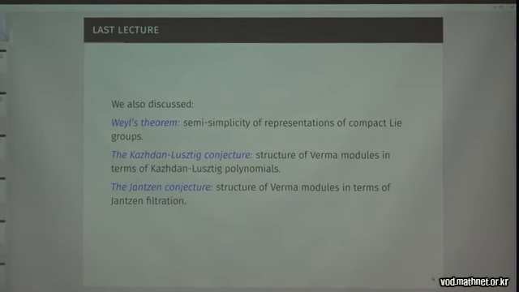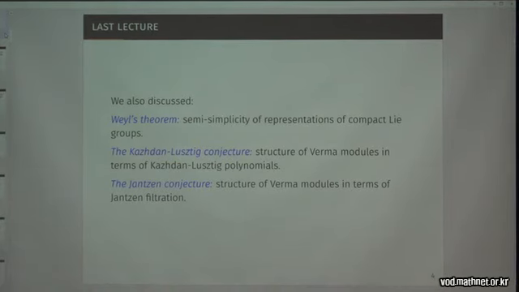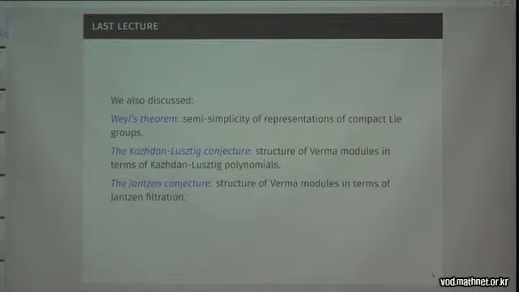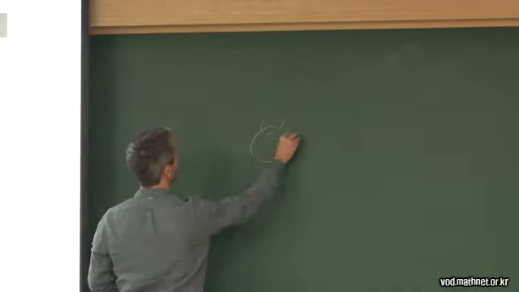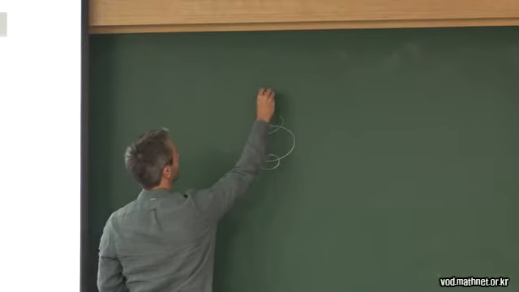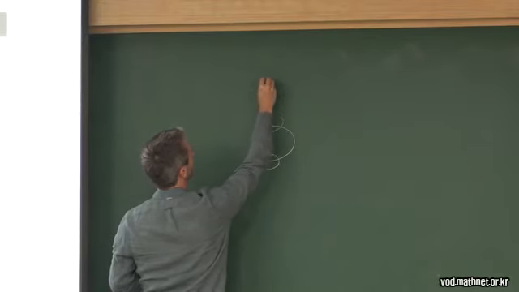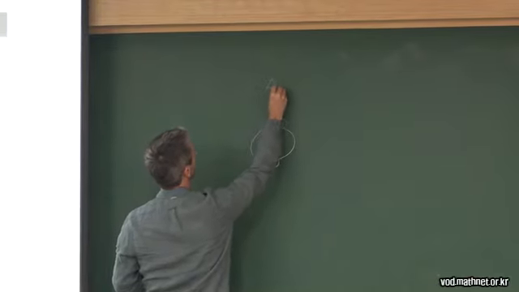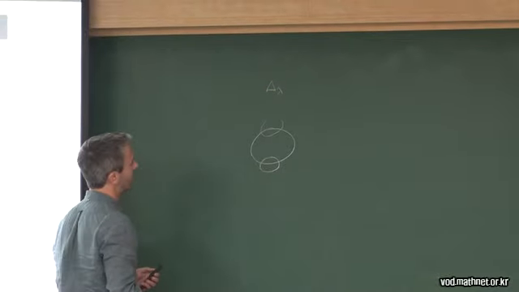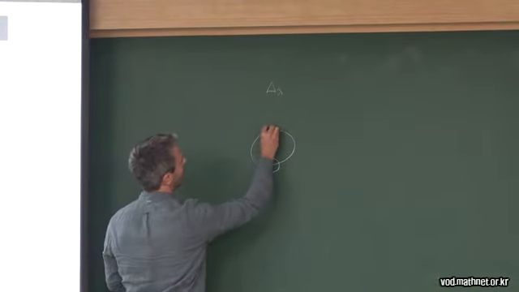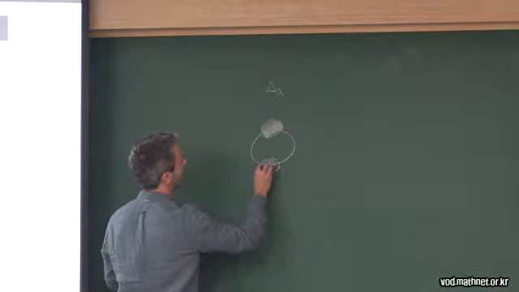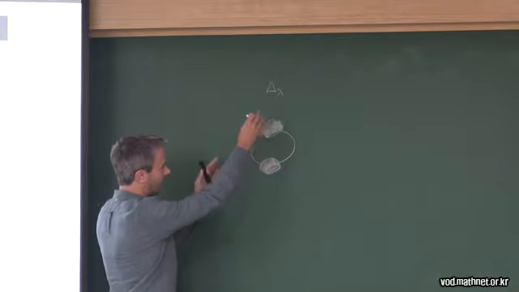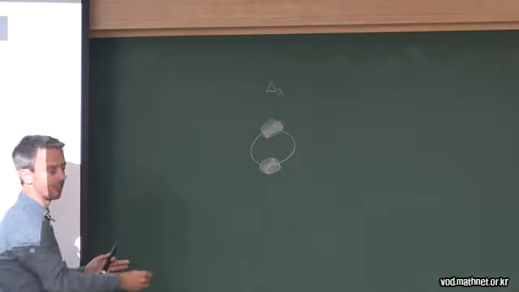I just want to recall from the last lecture that we imagine some module as being something like a molecule. This was our Verma module, delta lambda. These are some kind of atoms in my molecule, and then I want to know the structure of this molecule.